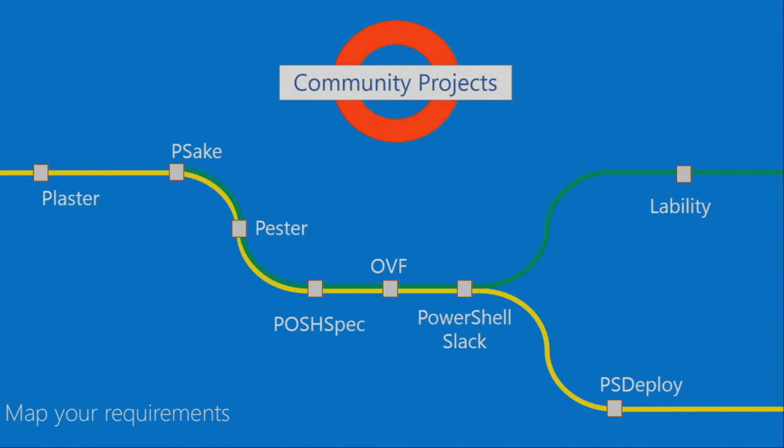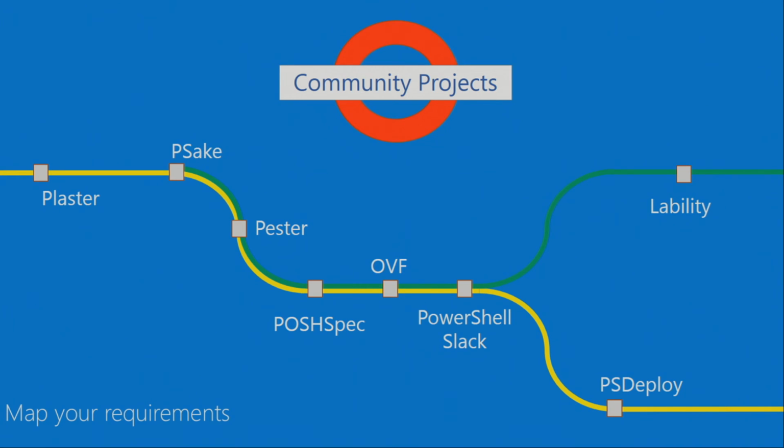Plaster is another one that allows you to templatize or make a common way of setting up a project. If you have a project that needs to have different tools in it as you get started, Plaster allows you to bootstrap that with those tools.